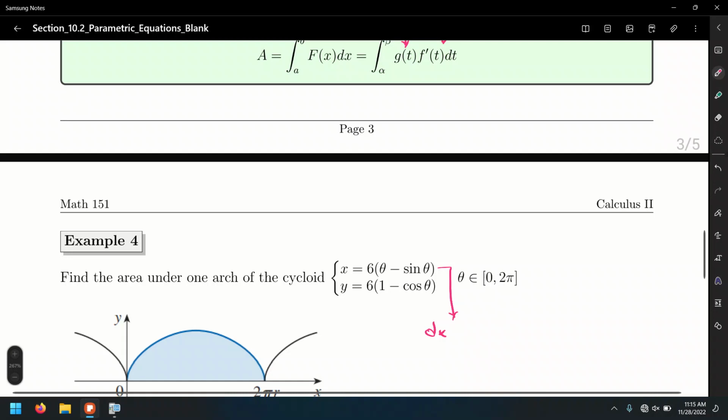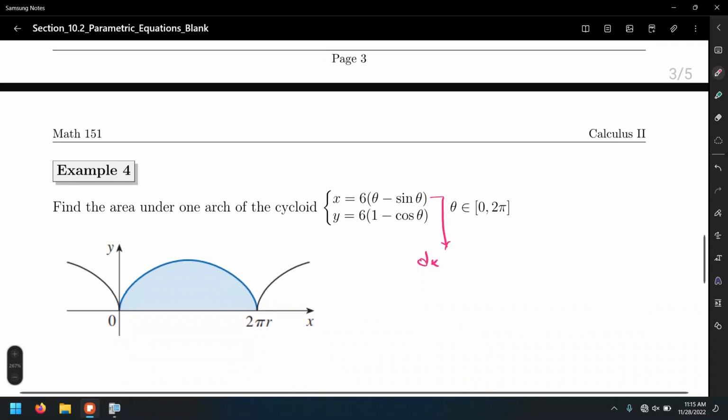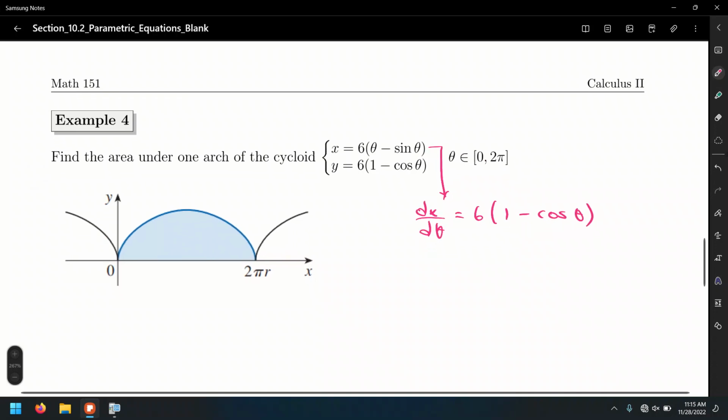But recall it's just a dummy variable. It's the same thing. It really doesn't matter. You can change it to an S or a T. Well, the S is going to have a different meaning in Calc 3, so I'd rather not use that one. But I guess theta is just fine, right? So dx d theta, that's the derivative of theta, which is 1, minus the derivative of sine, which is cosine theta.